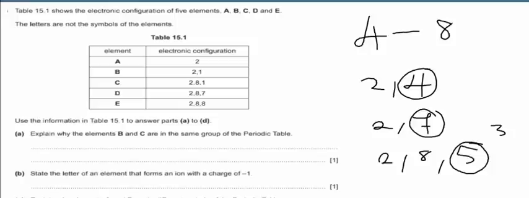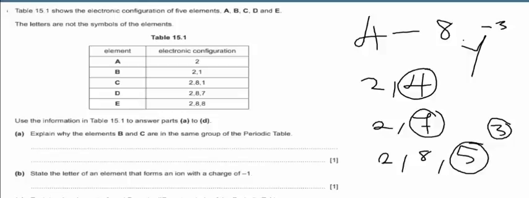Now suppose the element which has the electron configuration of 2, 8, 5 is Y. And we are saying when an element gains electrons, it is going to form a negative ion. So this one needs how many electrons? It needs 3 electrons, meaning it is going to form -3.